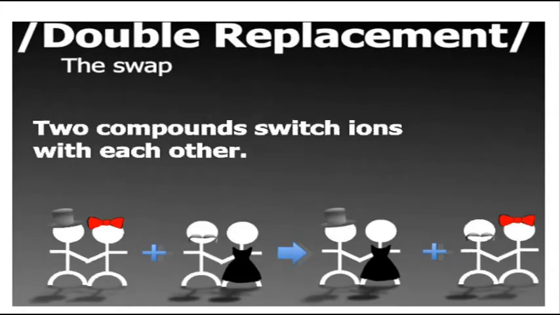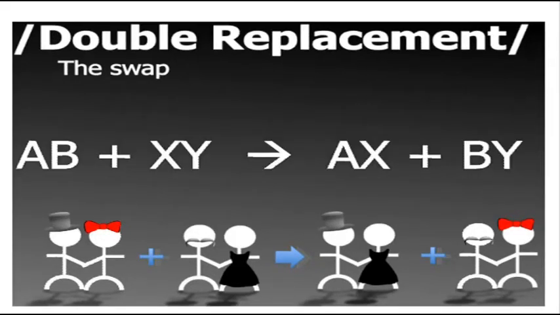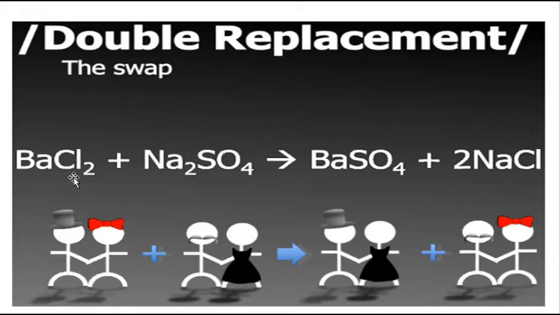While in double replacement, two compounds switch ions with each other. This is one of the examples. In the reactants, we have barium chloride plus sodium sulfate.